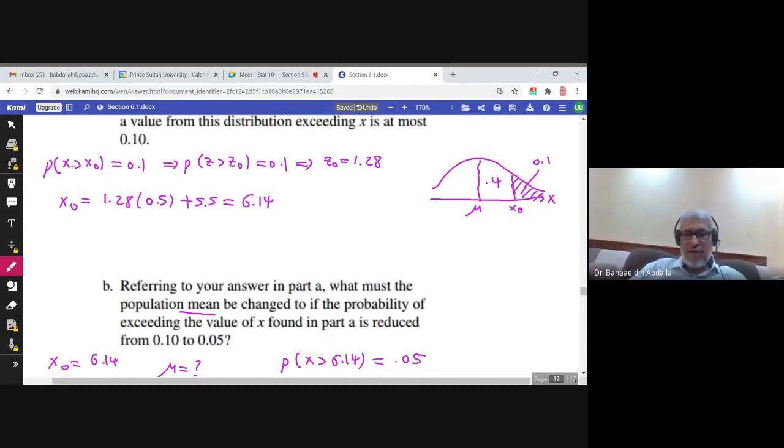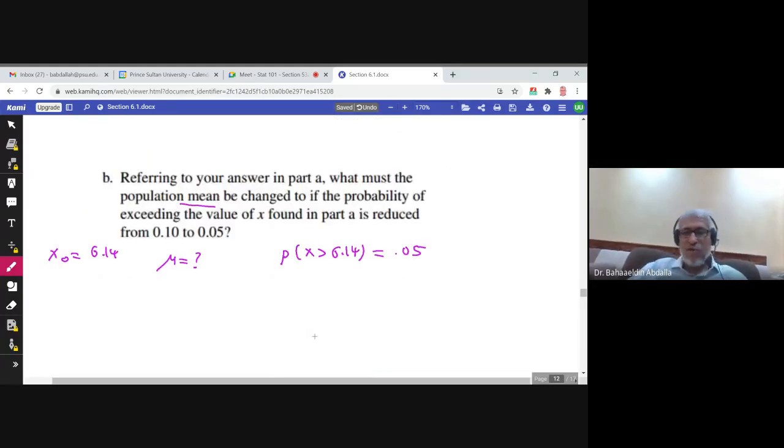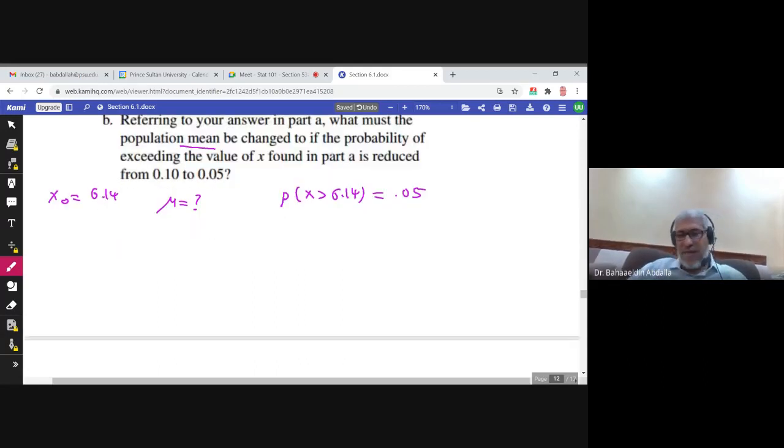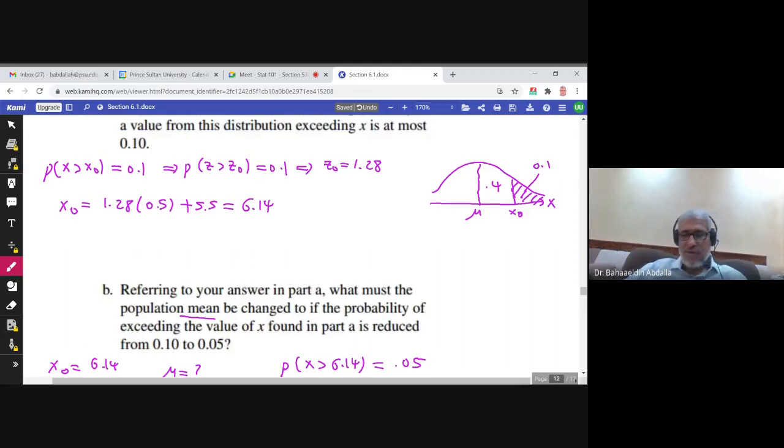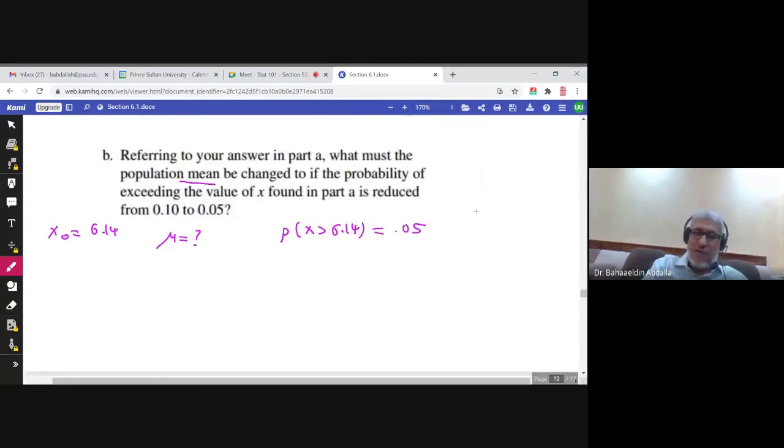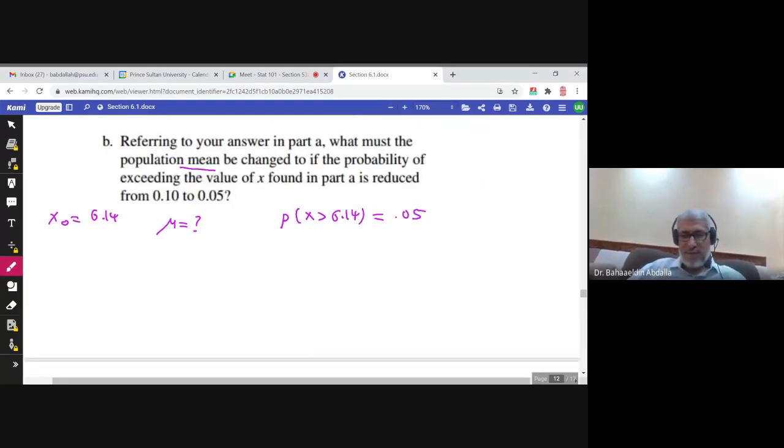So the probability of x greater than x0 is not 0.1, it is reduced to 0.05. And we have x0 from part 1. The question, what would be the new mean? If this area changes, if it's 0.05, then the mean has to move. So what is the new mean?